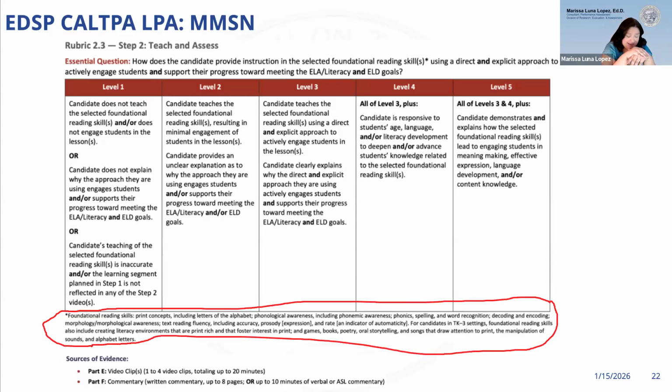And as many of our program faculty and friends have said, if you think a candidate knows what foundational reading skills are, teach them again. Make sure, because it's a challenge for some folks. And I personally, when I was educated in the 80s, when I was in elementary school, it was a very different time, and I did not learn sight sound correspondences. We learned whole language. We learned a bunch of sight words and had to figure things out.